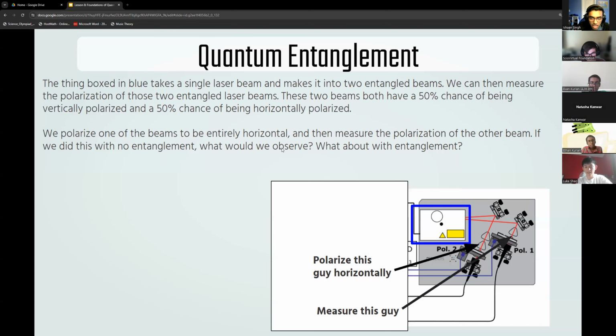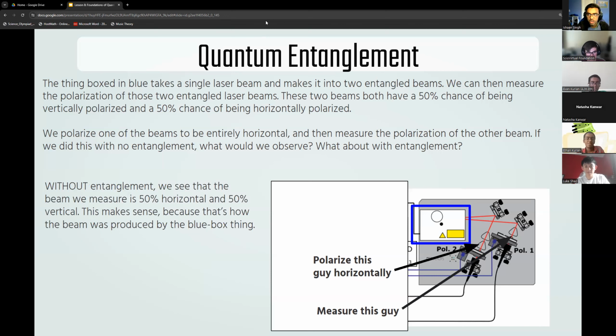So if they are entangled, what do you think we'd observe? When they are entangled, what do we observe? That's right. The beam is always 100% horizontally polarized.